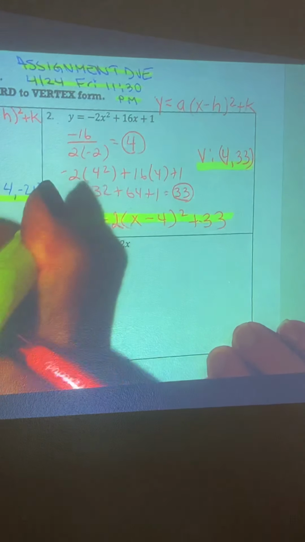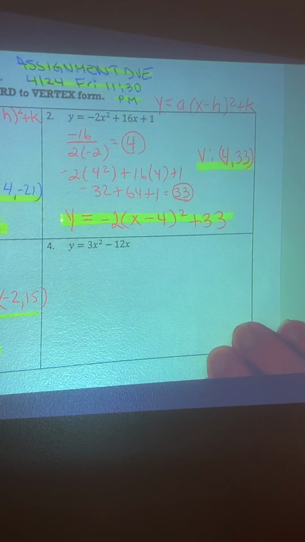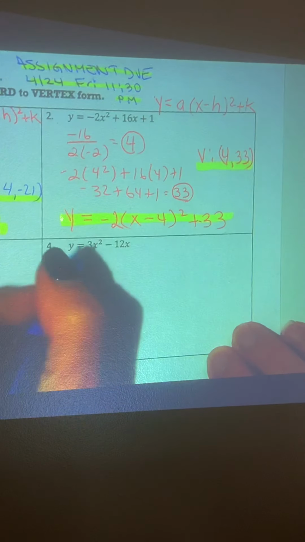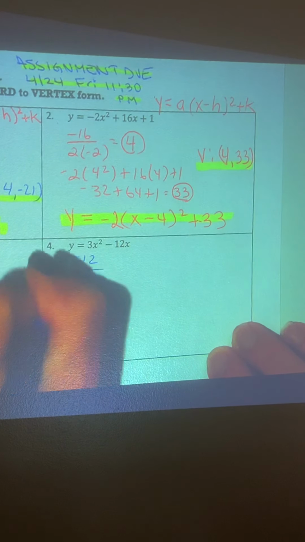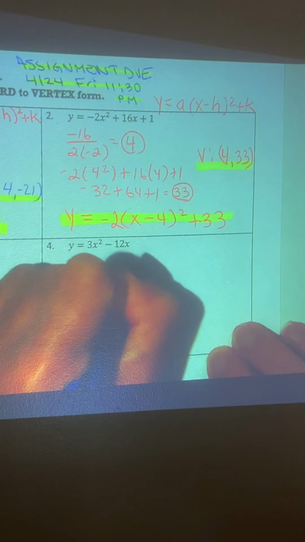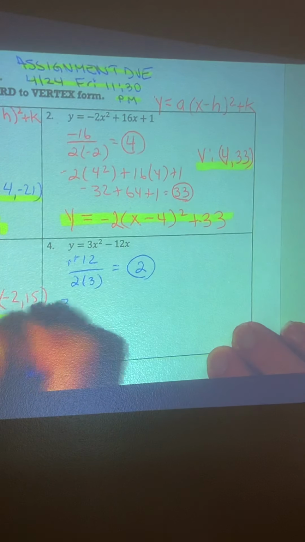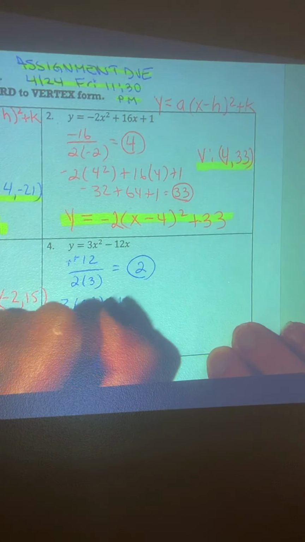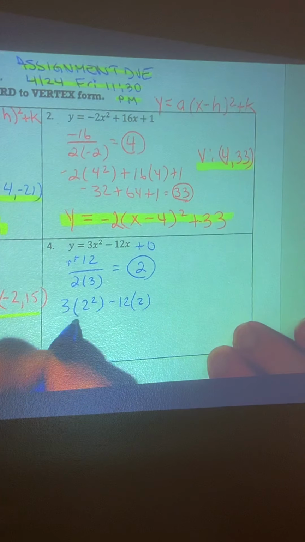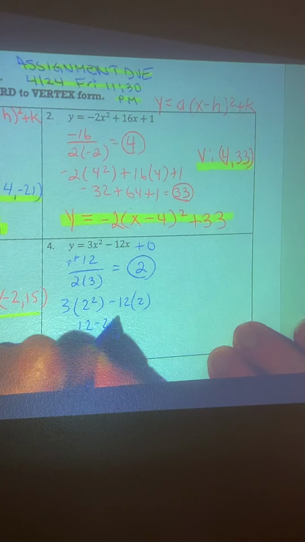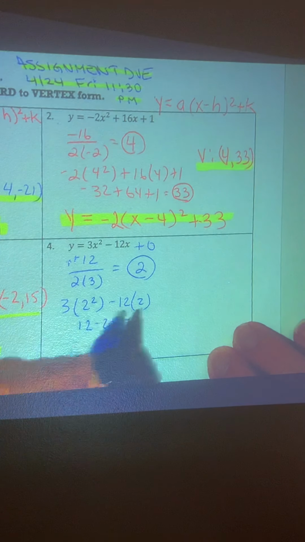Super-de-duper easy, guys. And finally, negative b over 2a, negative negative 12 over 2 times 3. 12 over 6 is 2. Plug it back in: 3 times 2 squared minus 12 times 2. Obviously, c is 0 here. So that's 4 times 3 is 12 minus 24. That's negative 12.